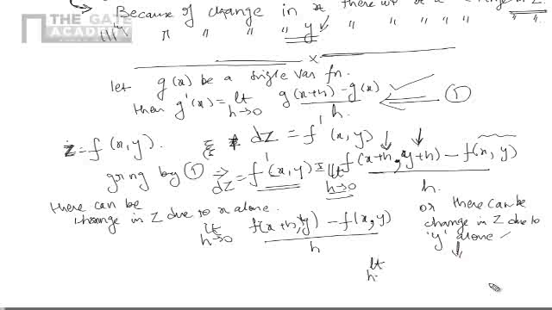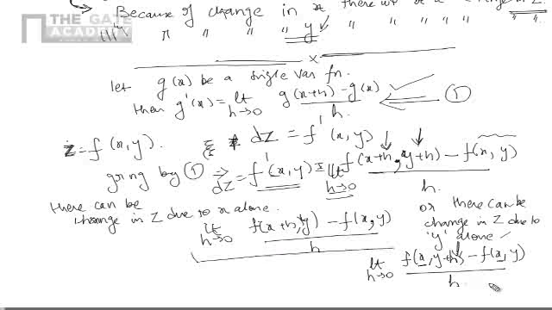Limit h tends to 0, f of x comma y plus h, minus f of x comma y. There is variation in y alone, there is no variation in x, divided by h. Correct?